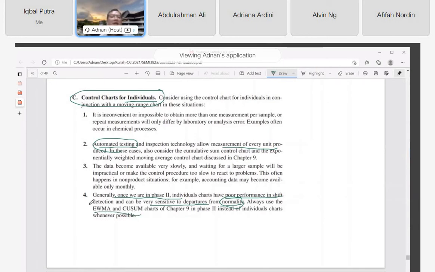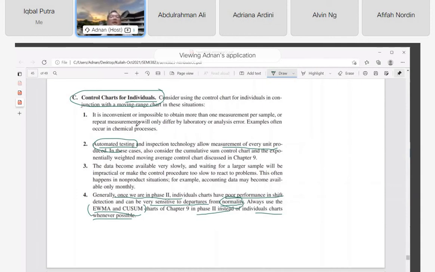We have seen this. EWMA and CUSUM charts can eliminate or minimize the effect of non-normality. Always use EWMA and CUSUM charts in phase 2 instead of individual chart whenever possible.